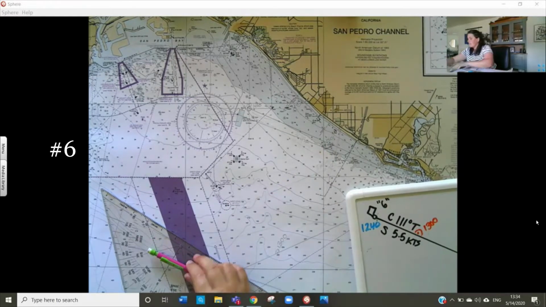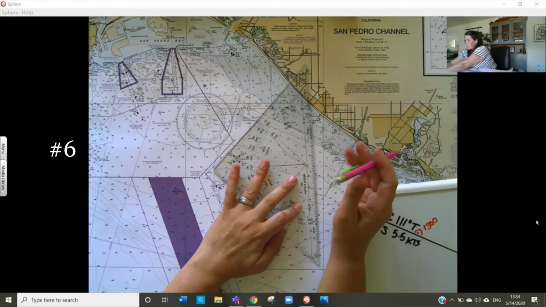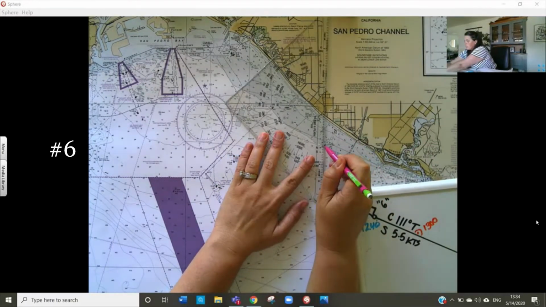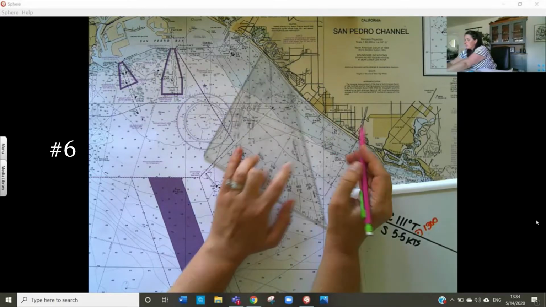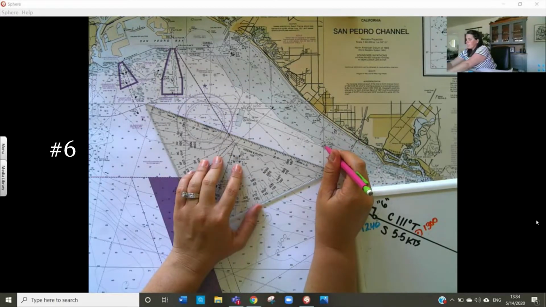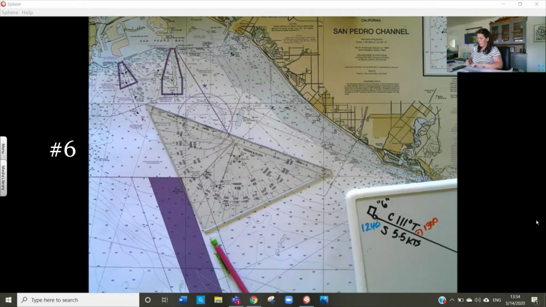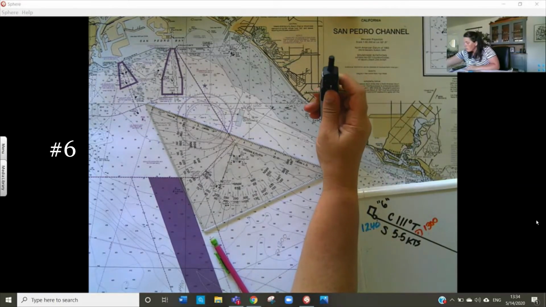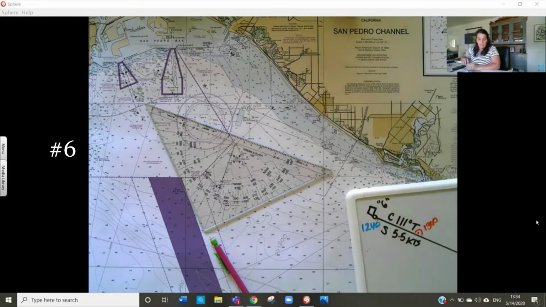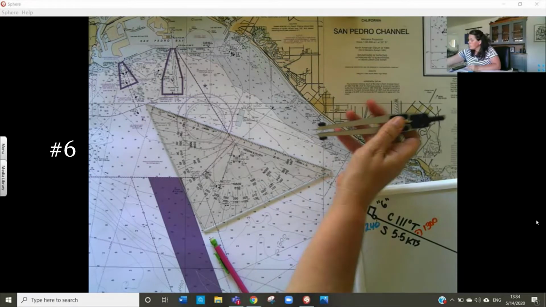So again, I get the longitude, and latitude is right next to it. So I just call it really 1/10 of a minute, 2/10 of a minute. So that would be for latitude.